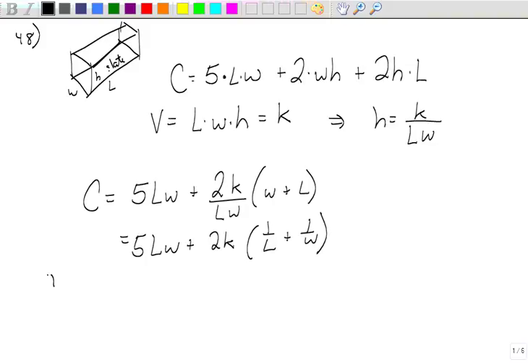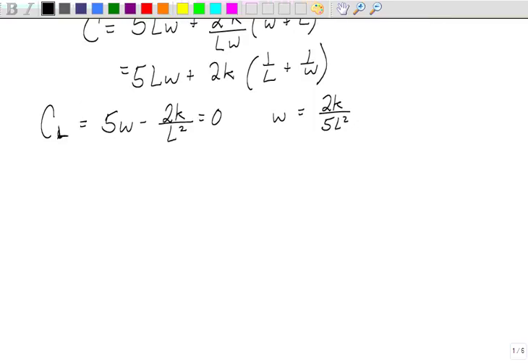Okay, so the partial of cost with respect to L is 5W minus 2K over L squared, which equals 0. So W is 2K over 5L squared. And C_W is 5L minus 2K over W squared. And we're going to take that and plug that in here.